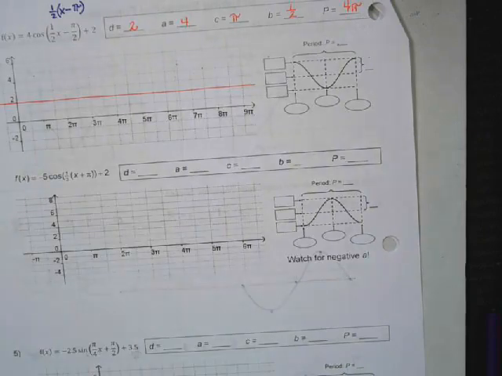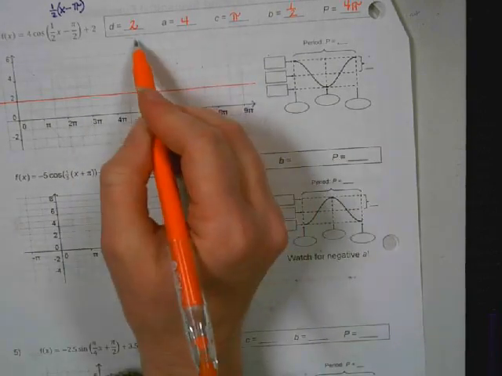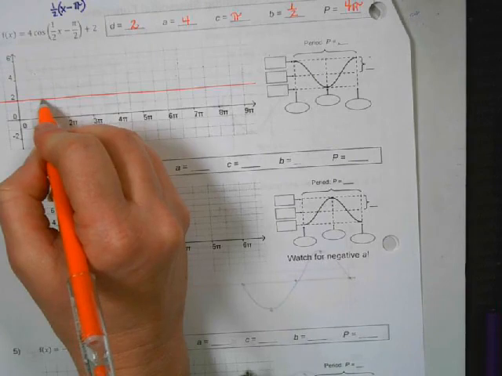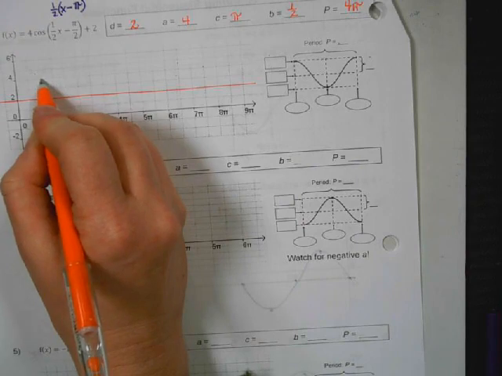Normally, cosine would start up at 0, 1. But now I have a shift, so it would now be pi, 1, except I also have an amplitude change. So I'm starting here, and it would have been at 1, but now it's at 4.